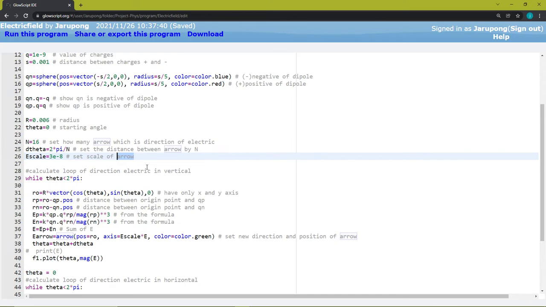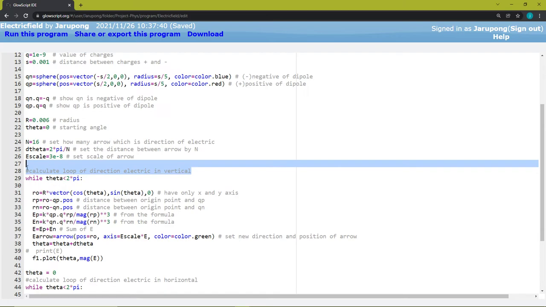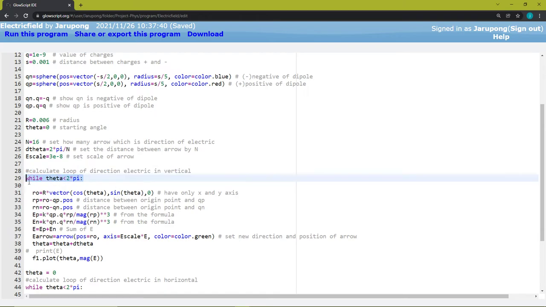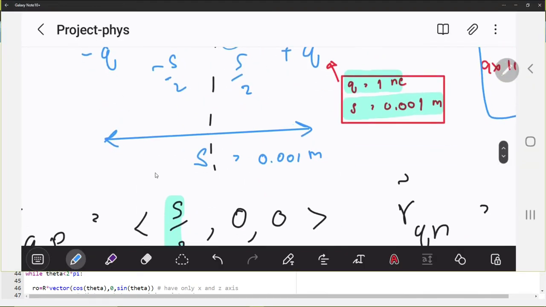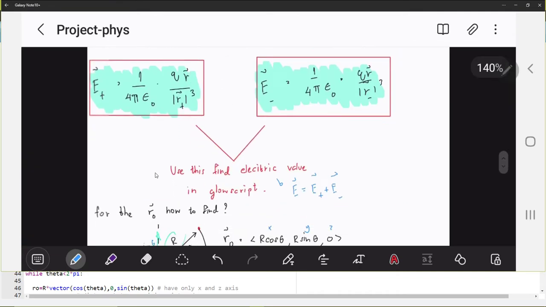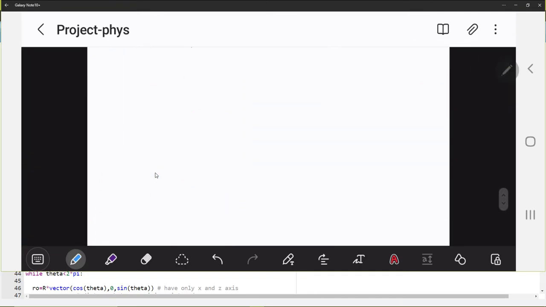Okay, let's calculate the loop. Use y in vertical first. If we want to show in vertical, what vectors do you need to show? I will write it for you.